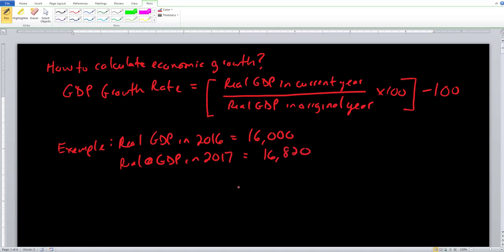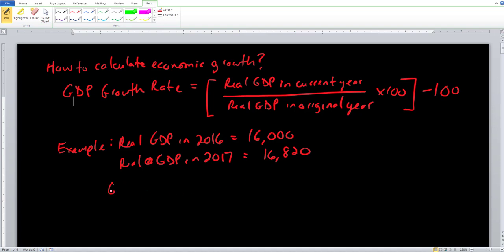So $16 trillion, 820 billion. What we want to do is find the real GDP growth rate from 2016 to 2017. And remember that with this formula, you don't need two consecutive years to find the growth rate. We could easily transform this into 2016 to 2020, and we'd still get the same calculations.